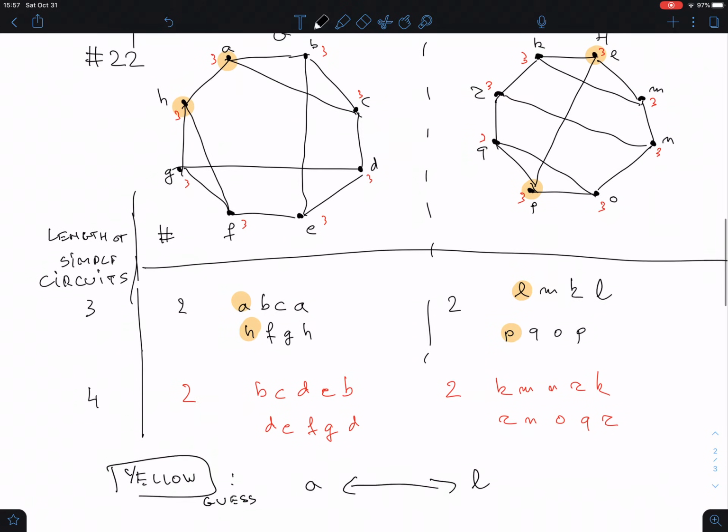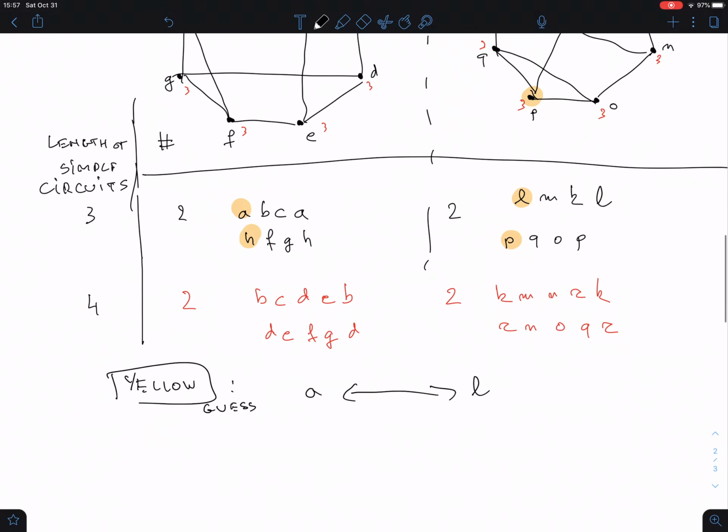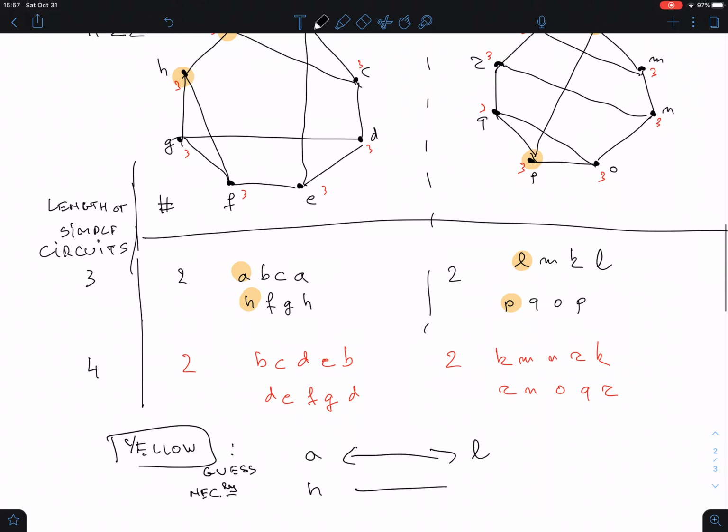I don't know whether that's the original one that I had before, but let's do it this way. A corresponds to L, and therefore it necessarily follows that the other one, H, must go to the other one, which was P.